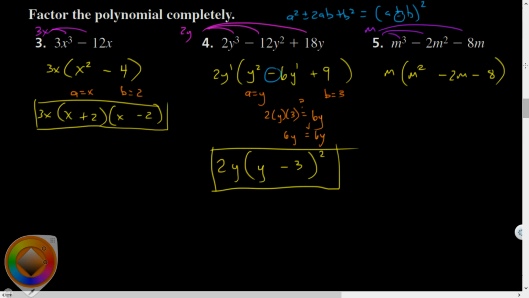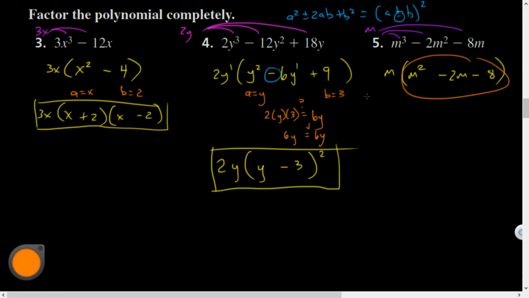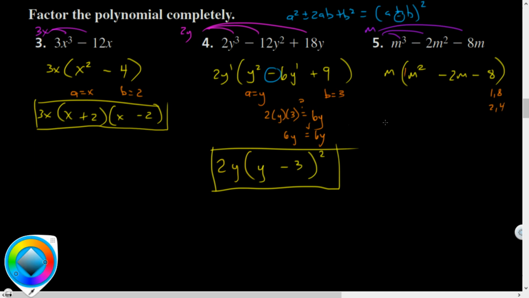Now, is it possible to factor this using a pattern? No, 8's not a perfect square. The leading coefficient on this is 1, so I'm going to find the factors of 8, 1 and 8, 2 and 4, and ask the question, which of those subtract to be 2? And 2 and 4 is the answer, I agree.